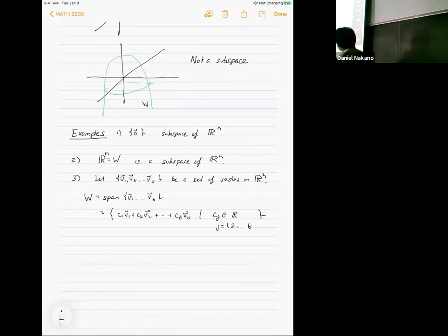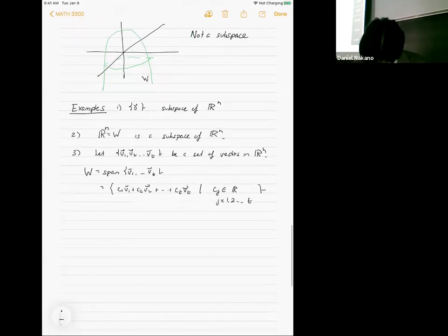So is the zero vector inside of W? Yes. Just let all the C be zero. That's good. If I take a vector which is a linear combination of these vectors, and I take another vector which is a linear combination, is the sum a linear combination? Just sum the coefficients, right? And then if I take lambda times a linear combination, do I get a linear combination? Okay, so this is a subspace.